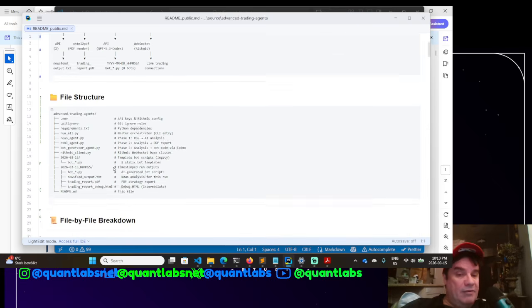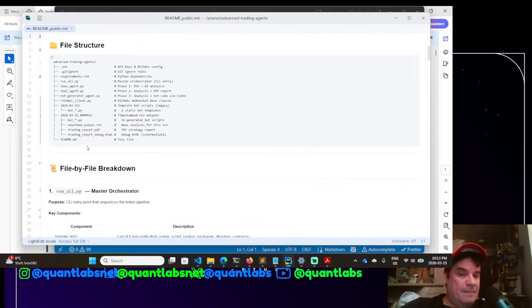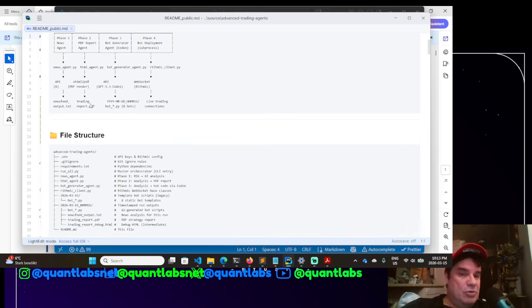So we've got the basic file structure. Just remember we have the news feed and the trading report. We also store all the bots under a unique date along with the time. Each batch that we run will have a news feed output as a raw file.